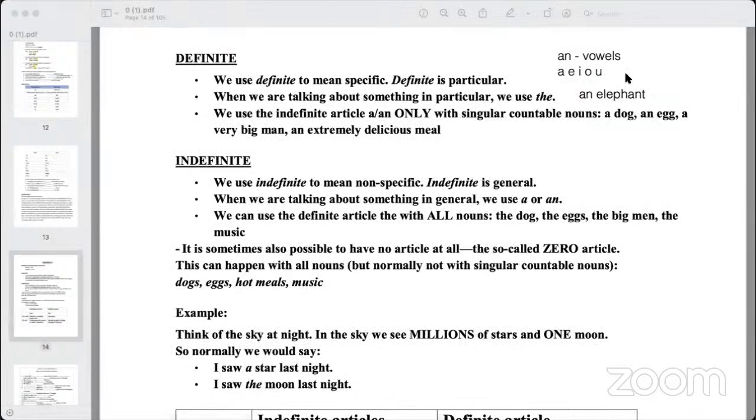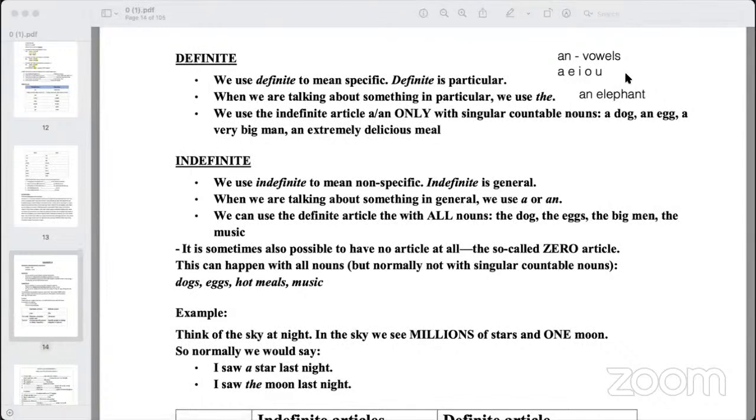And indefinite. We use indefinite to mean non-specific. If you're not talking about anything specific, but just in general, then it's indefinite. When we are talking about something in general, we use a or an.